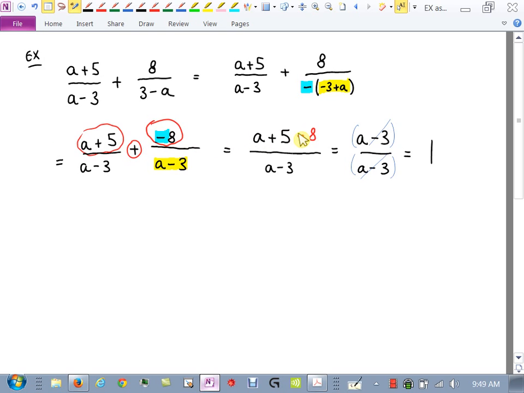But plus a negative, right? If I were to write it this way instead, A plus 5 plus negative 8, that's the 5 plus negative 8, which is the same as negative 3.